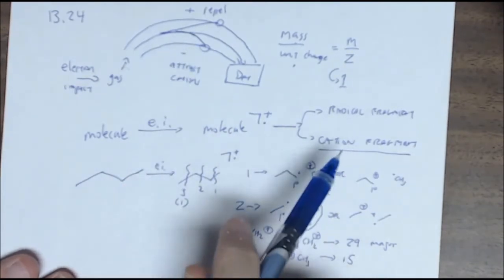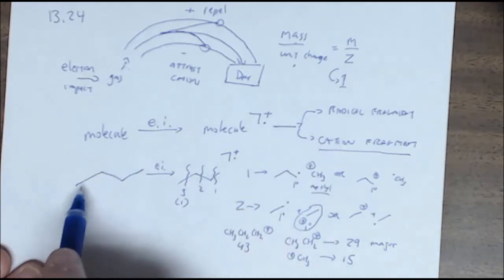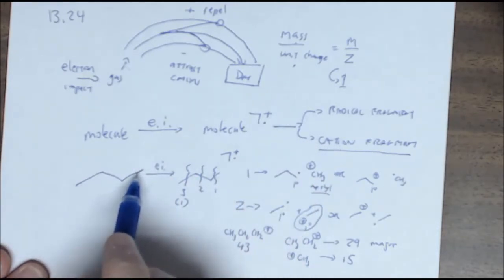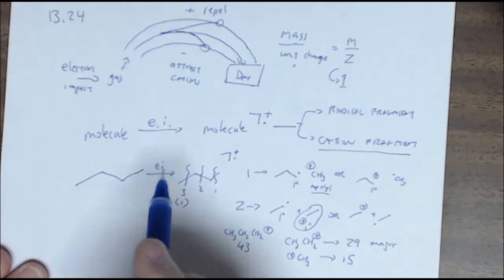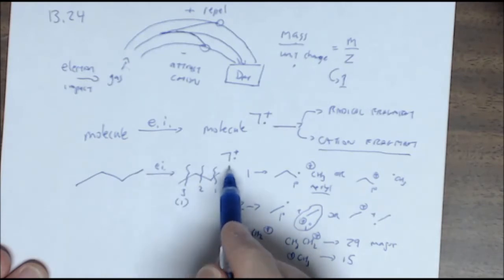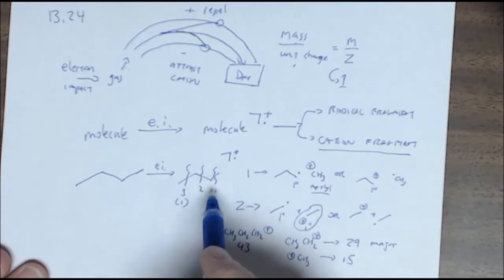To give you an example with butane: as butane comes through the GC into the mass spec portion, it's going to be blasted with electrons. We recognize that by putting a little bracket saying I've got a positive charge and a radical. This just means that somewhere on the molecule, I don't know where, we've lost an electron.